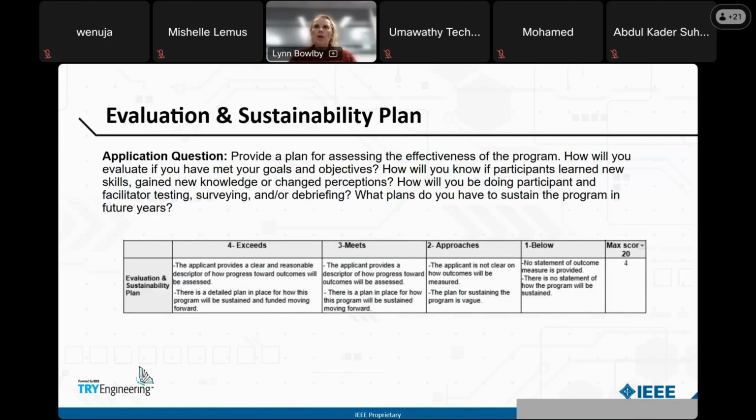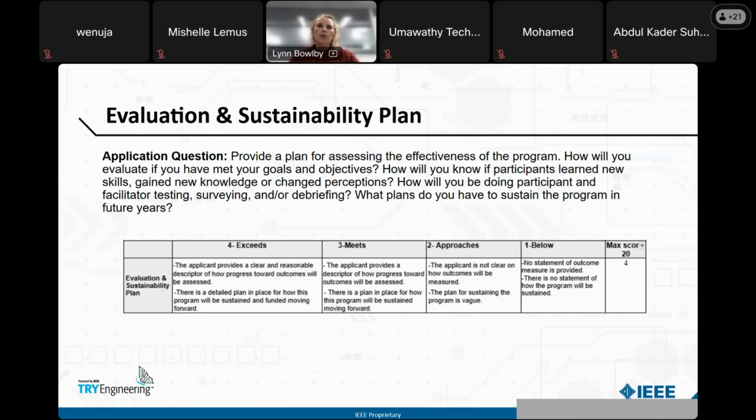Really, we don't want to see a program conducted for 1 year and then never conduct an event again. We want you to think about how you're going to continue this program in years 2 and 3 and 4 and 5. And maybe that could be that you're planning ahead with other volunteers to kind of run the program for you, that sort of thing.